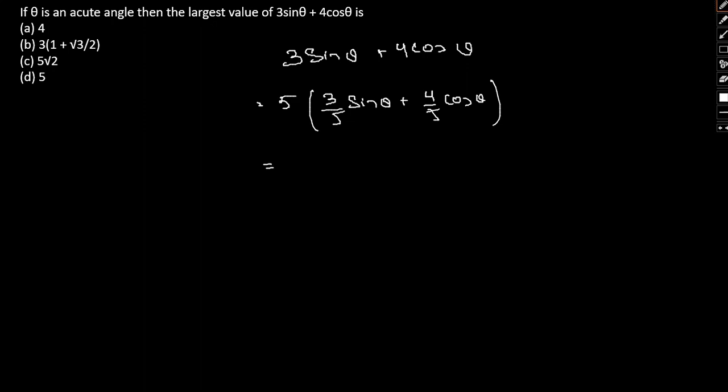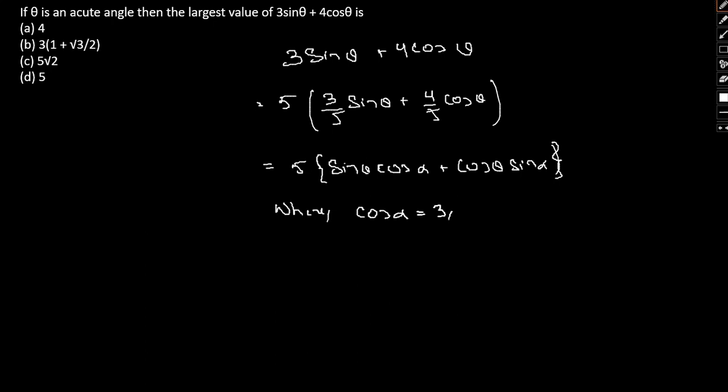Now this can be further written as 5 times sin theta cos alpha plus cos theta sin alpha, where cos alpha is equal to 3 by 5 and sin alpha is equal to 4 by 5.